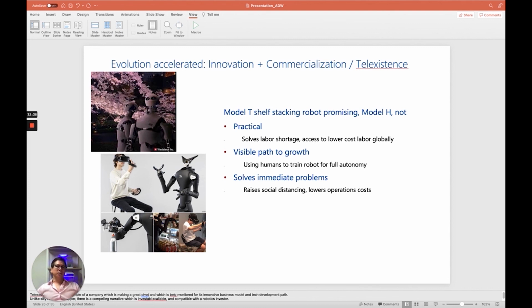So it's a visible path to growth. It's practical, it solves labor shortage, provides access to lower cost labor globally, uses humans to train a robot for full autonomy, solves an immediate problem, increases social distancing, and lowers operation costs.